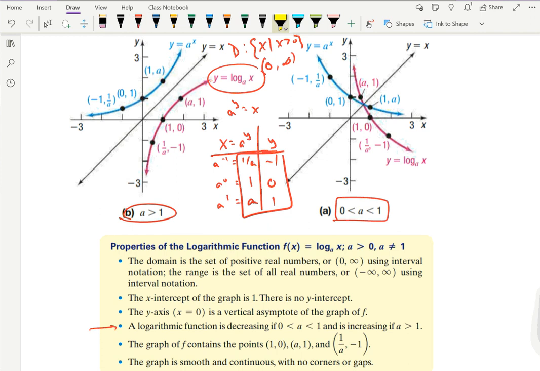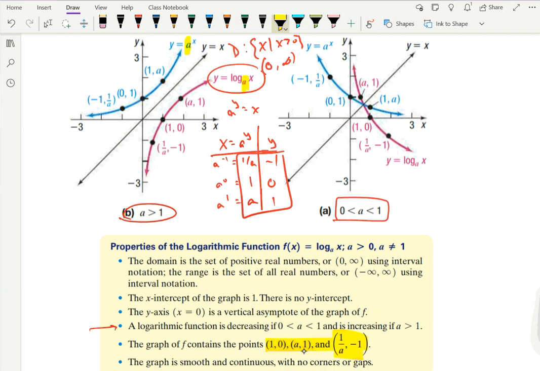Our logarithmic functions will also always contain the point (1, 0). Our growth factor is a, the base of our logarithm. In our exponential function, it was the base of the exponential; in our logarithmic, it's the base of the logarithm. So similar kinds of ideas.